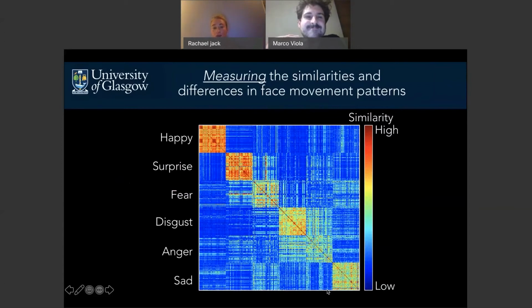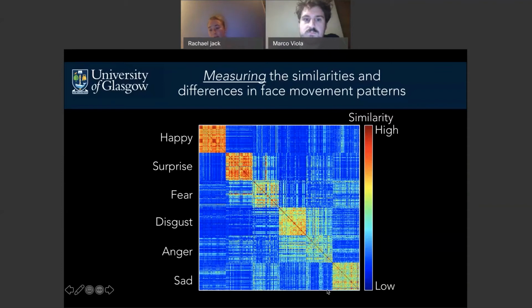This is a figure that shows really a global measure of similarity between these individual facial expression models. So you're really taking the 2 binary vectors and measuring how similar they are. Reds suggest that they're very similar. Blues show that they are not similar at all. So you can see, for example, internal consistency here.